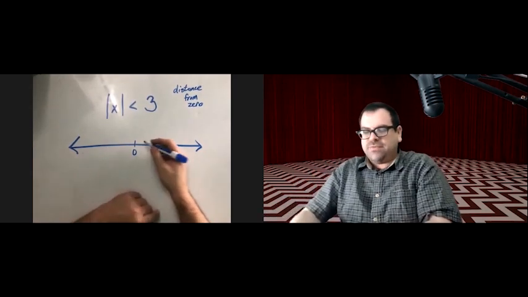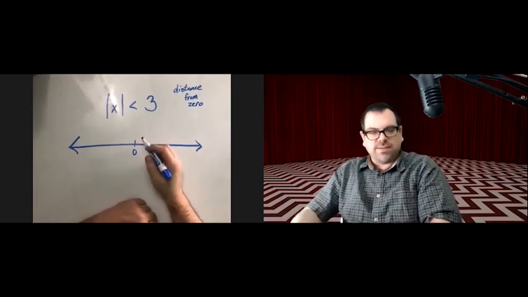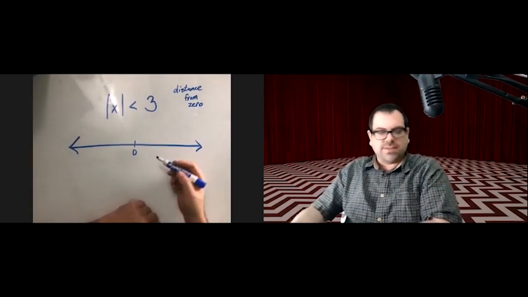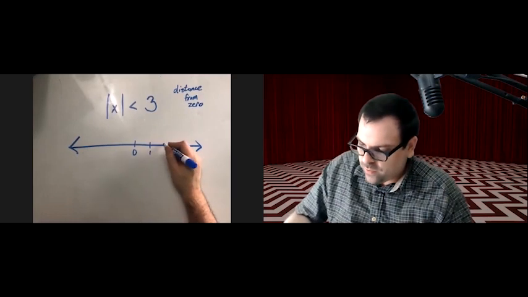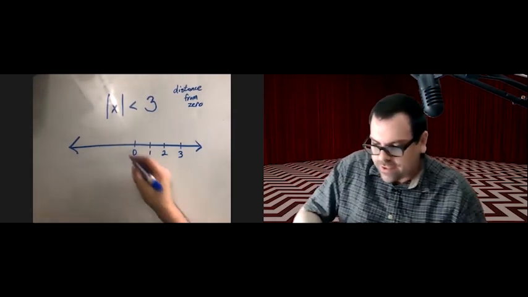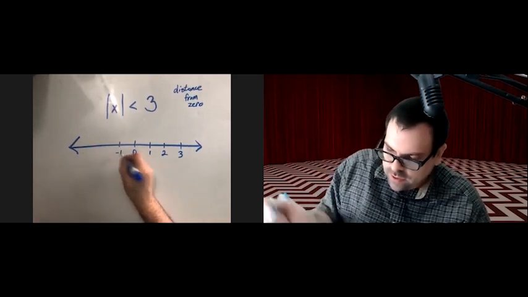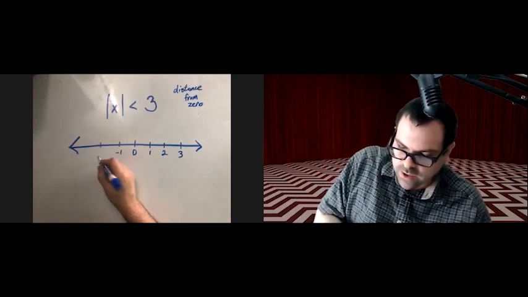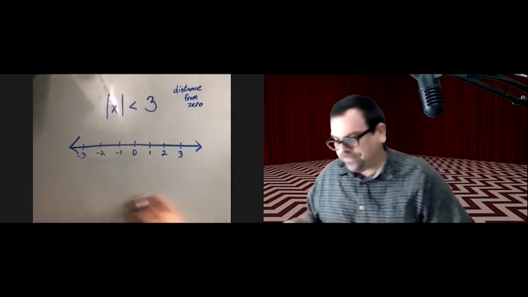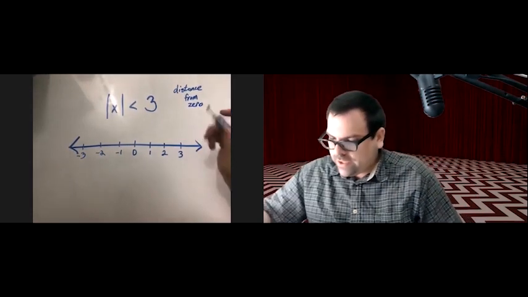So on the positive side, let's shade some things that are a distance from 0 less than 3. I'll give us a 1, a 2, and a 3, like it's a Tootsie Pop commercial. And some negatives, a 1, a 2, a 3. Okay, here we go.